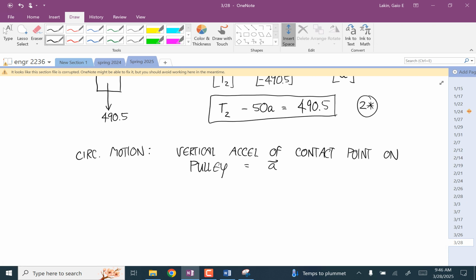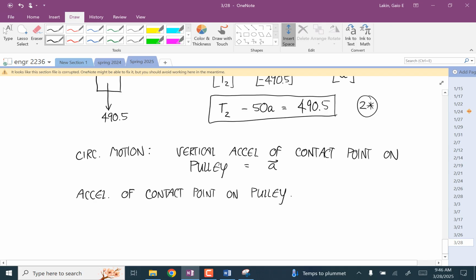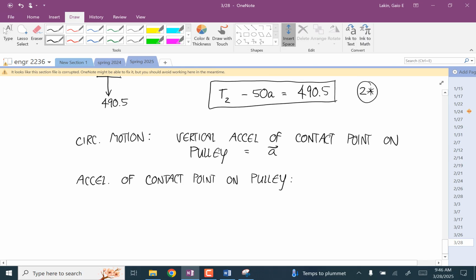So I'm first going to calculate the acceleration of the contact point on that pulley. That's circular motion. So that acceleration is equal to alpha cross r plus omega cross quantity omega cross r.